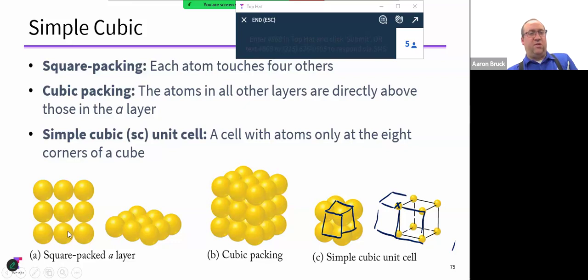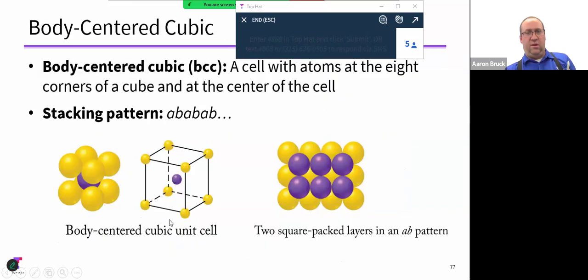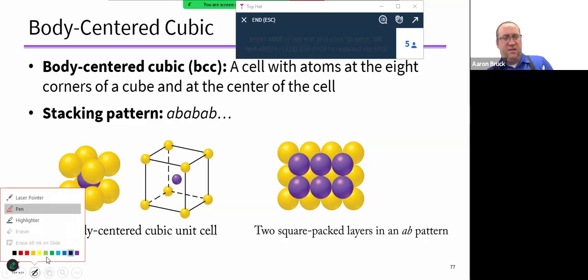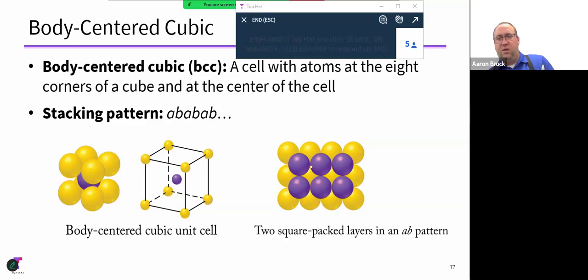We would put another one in this hole created by 4 atoms, another one in this hole created by 4 atoms. And then the next layer, which isn't shown here, would replicate the first because the holes in this would happen to also be exactly where the first layer was in the first place.